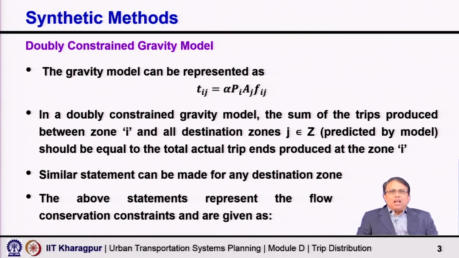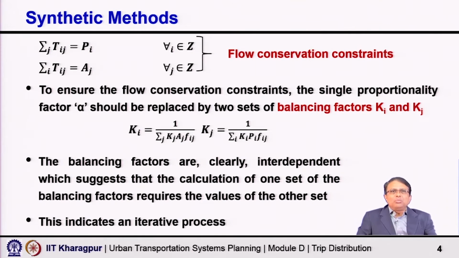The general form is alpha times Pi Aj Fij. The above statements represent the flow conservation constraints. As I said, the two constraints are: sum over j of Tij equals Pi, and sum over i of Tij equals Aj.